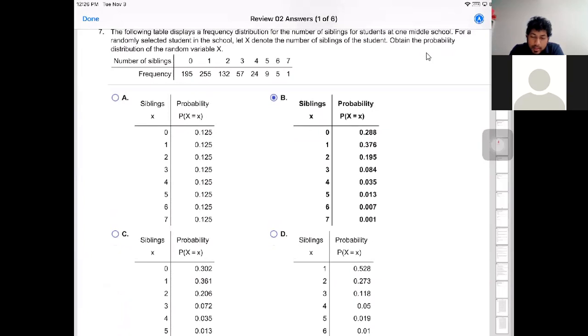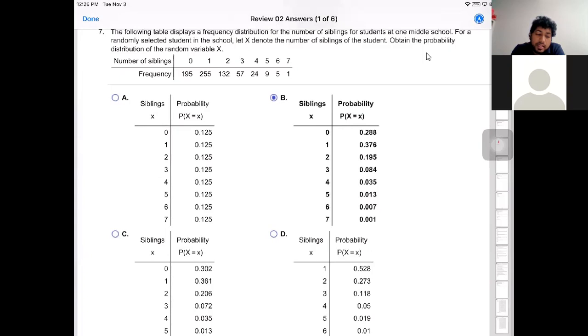For a question like this, first look at the table and try to eliminate answers that are not directly related to this problem. Check this one. Number of siblings 0 1 2 3 4 5 6 7. The related frequencies are different, right?